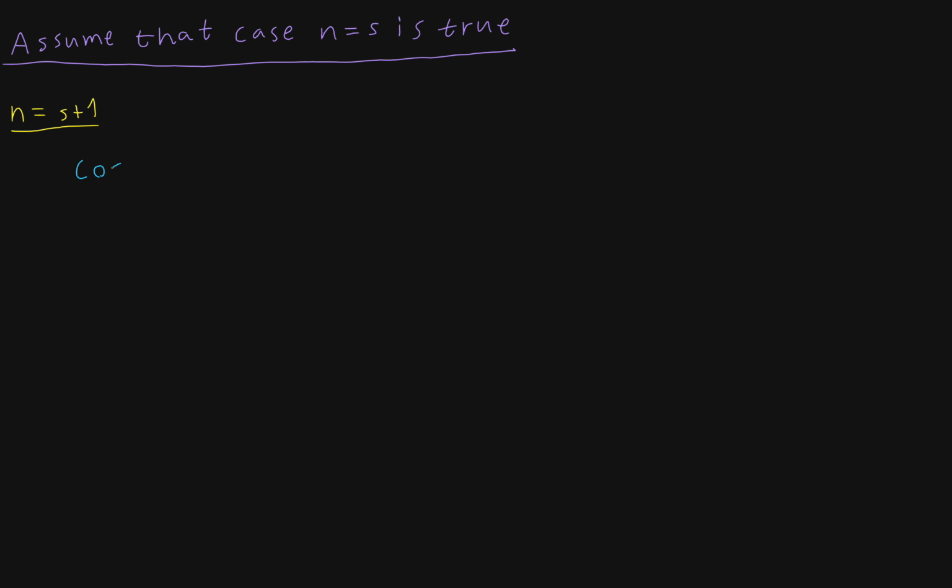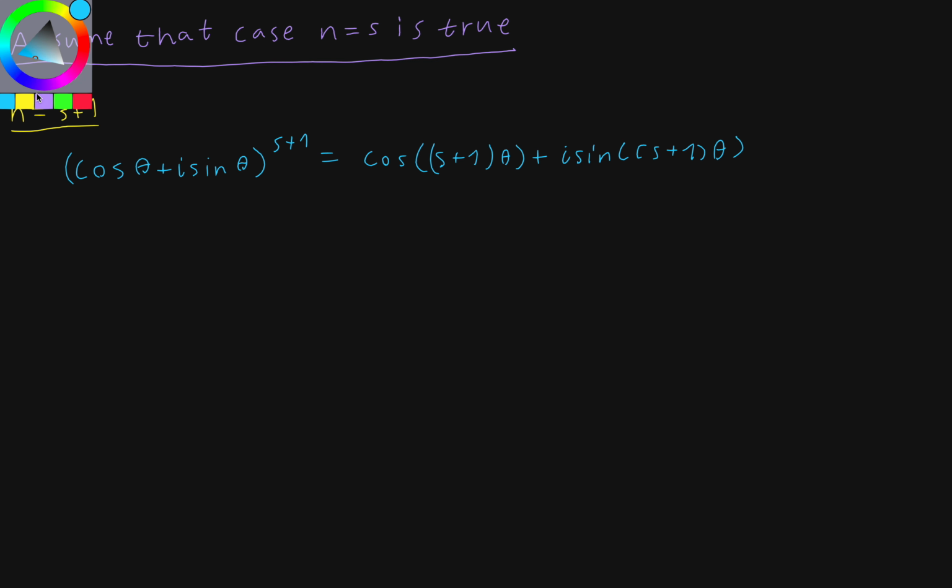So we're going to have cosine theta plus i sine theta to the s plus 1 should be equal to cosine s plus 1 theta plus i sine s plus 1 theta. Okay, and once again, we're going to look at the left hand side.